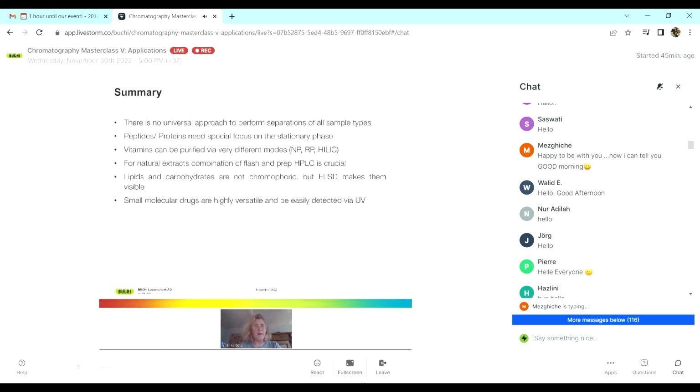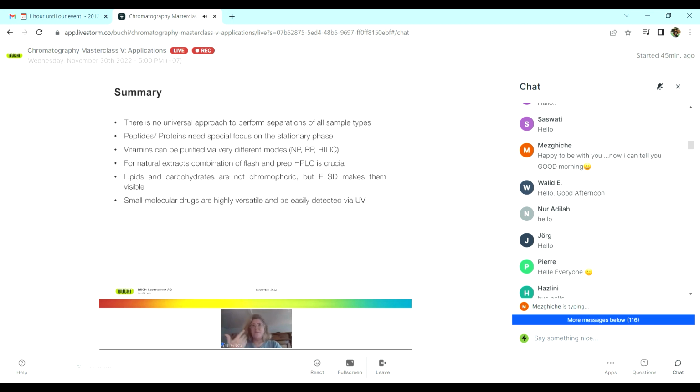Okay, and now we are already at the summary. As I mentioned at the beginning, there is no universal approach to perform separations of all sample types. The compounds are so different that for each one you really have to decide what mobile phase, what stationary phase, what detection, and how to load the sample.